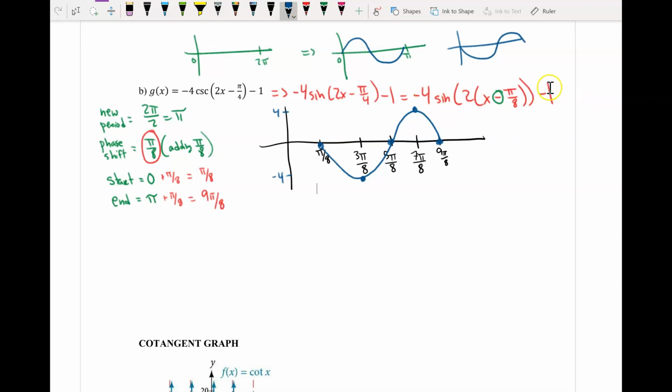Now before we do the -1, let's go ahead and find the vertical asymptotes. So that's going to be wherever it's 0, so at pi over 8, and at 5 pi over 8, and at 9 pi over 8. And what I'm going to do is now flip the graph. So this is going to go downward, this is going to go upward. Okay. So let me graph it a little nicer.